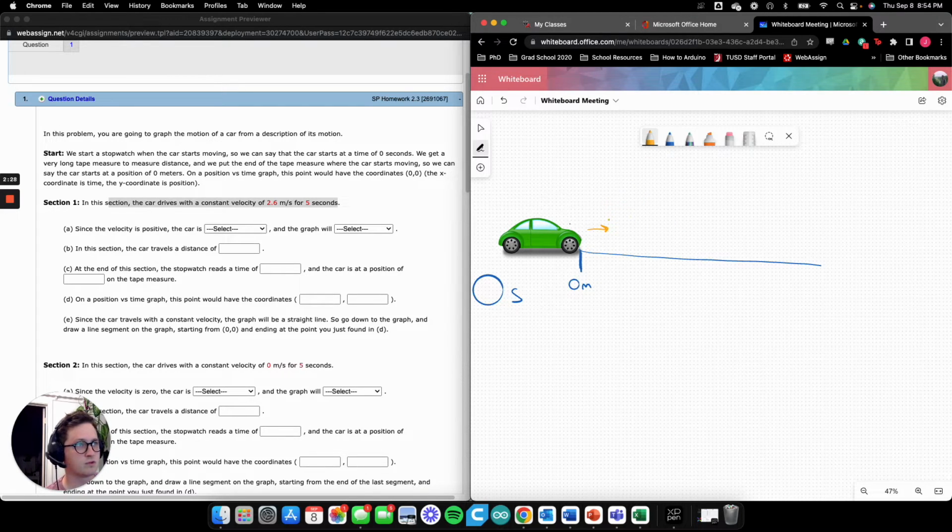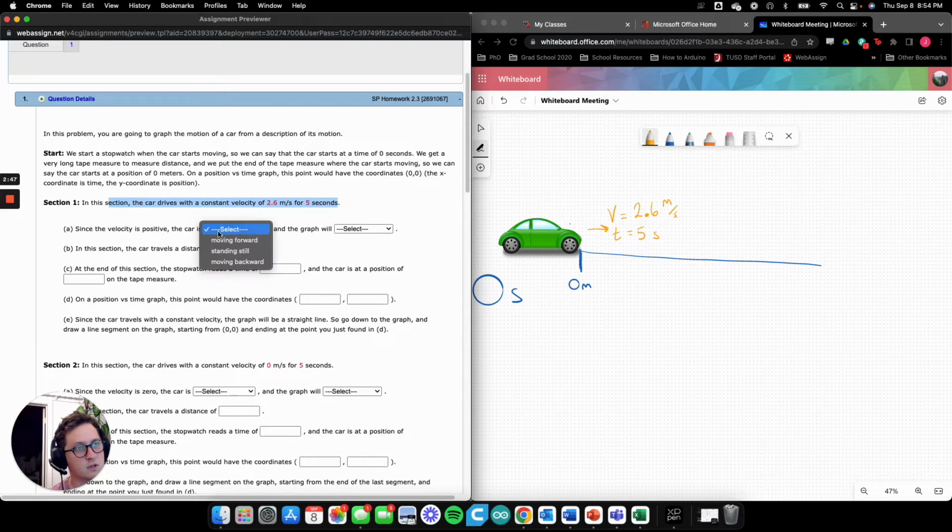It's going to move with a velocity equal to 2.6 meters per second, and it's going to do that for a time of 5 seconds. Since the car's velocity is positive, it is moving forward. The graph will have an upward slope.